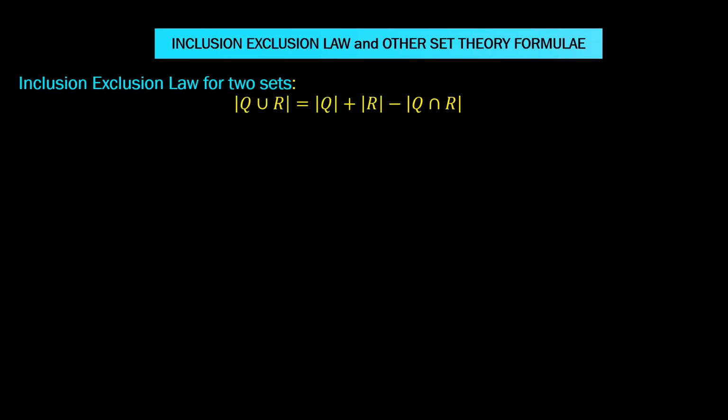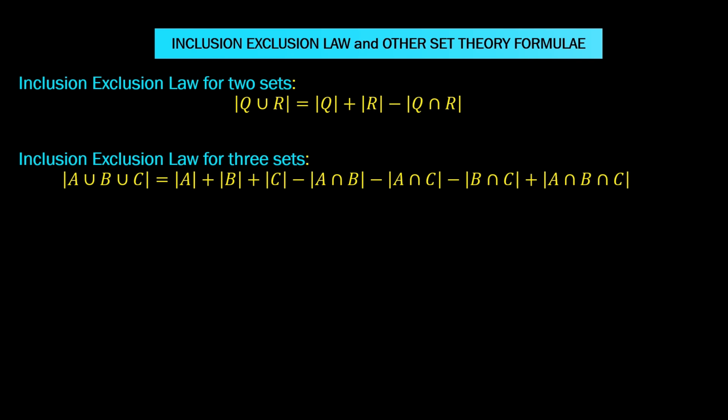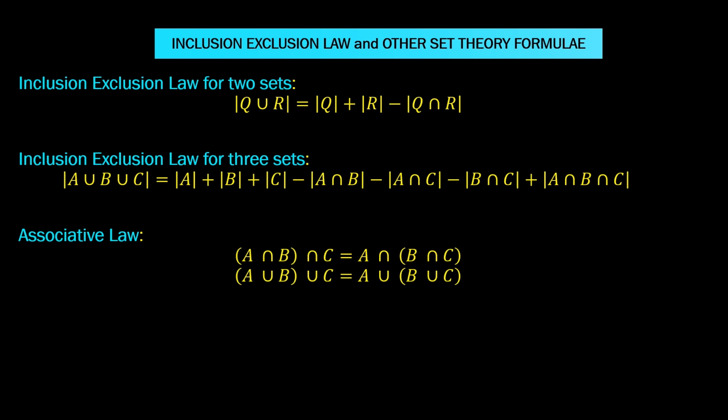So here's the inclusion-exclusion law for two sets, as we've just discussed. The inclusion-exclusion law for three sets is more complicated, as shown on your screen, and you can imagine that this law is going to be even more complicated for four sets. For three sets, we also have these associative laws.